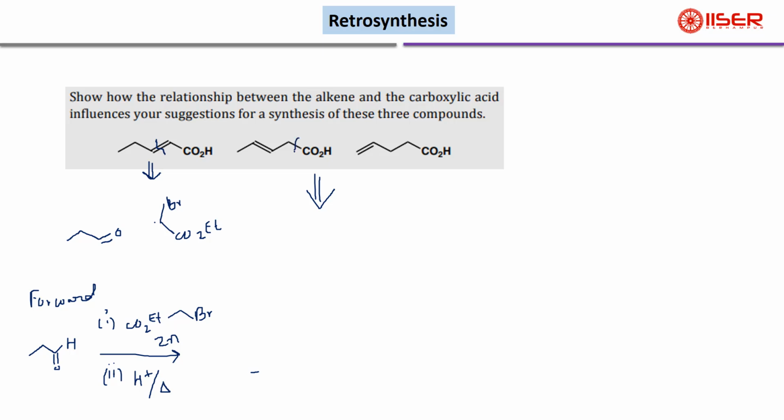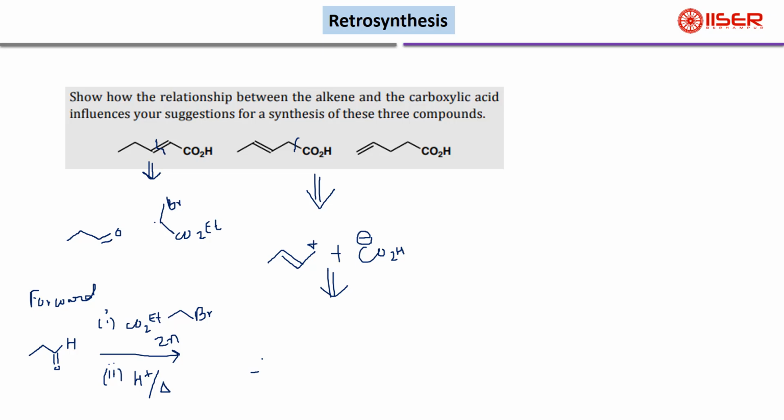Suppose you just break the bond at this place, then it will be an allylic carbocation and the CO2 minus. The easiest source of CO2H can be CN.